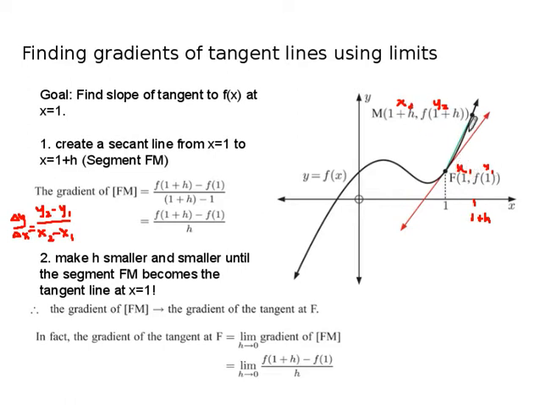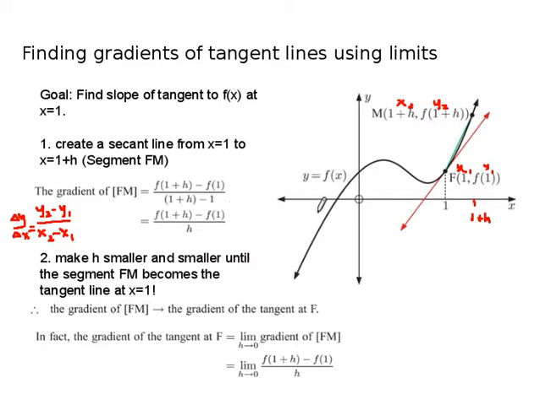Now I have these 4 values. I just plug them into this formula to get the gradient here. So this is y2 minus y1 over x2 minus x1. Notice here that this bottom part simplifies: 1 and minus 1 disappear to get h, and the top stays the same.